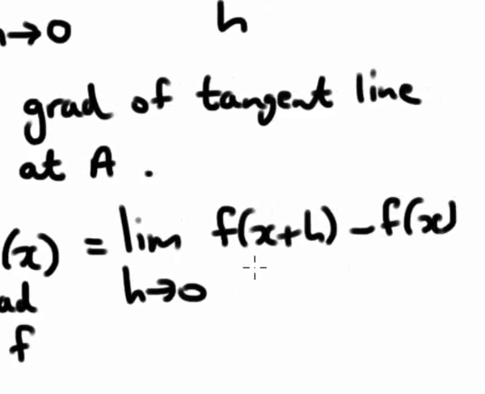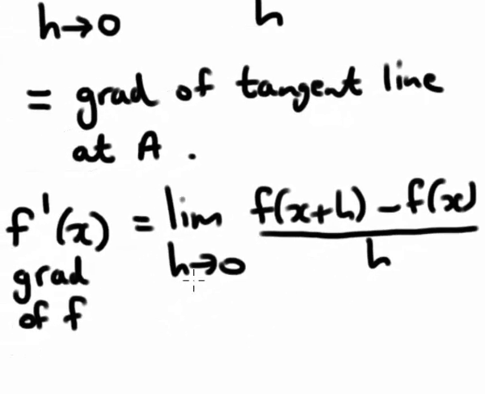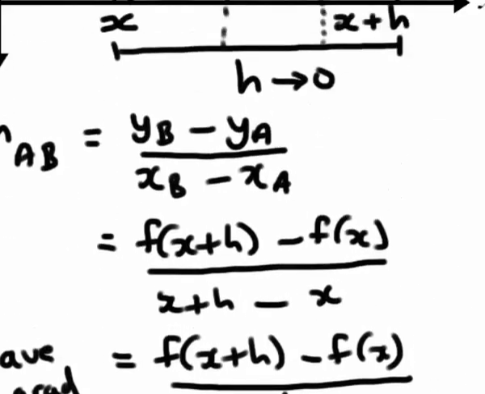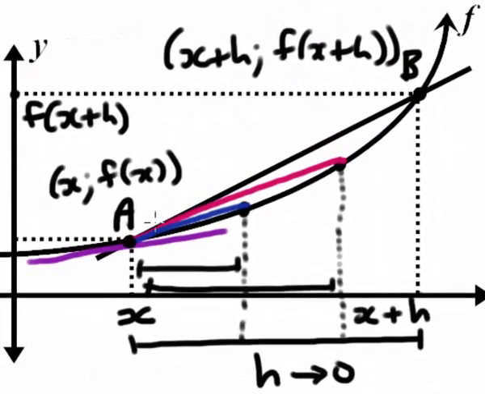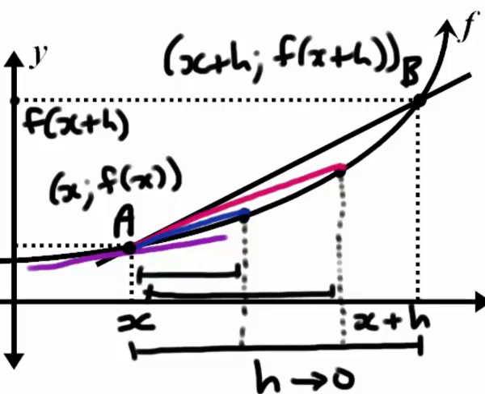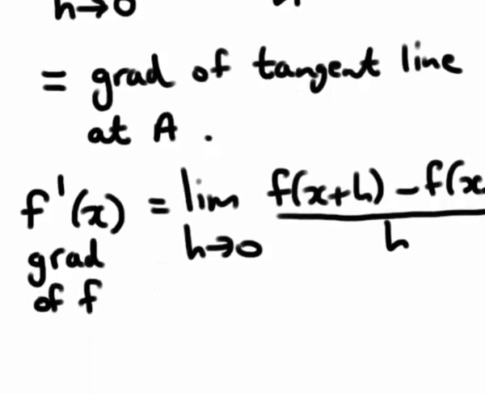By the way, they give you this formula on a formula sheet in the exam, and this is referred to as the gradient of the curve at the point A. Remember, we're no longer talking about the average gradient between 2 points. We're talking about the gradient of the tangent at point A, which is also the gradient of the curve. That is the most important principle that you really need to gain from this.